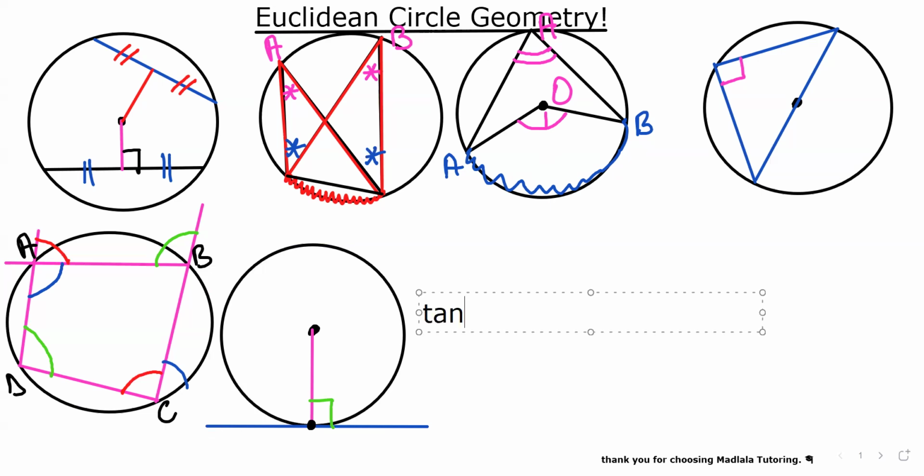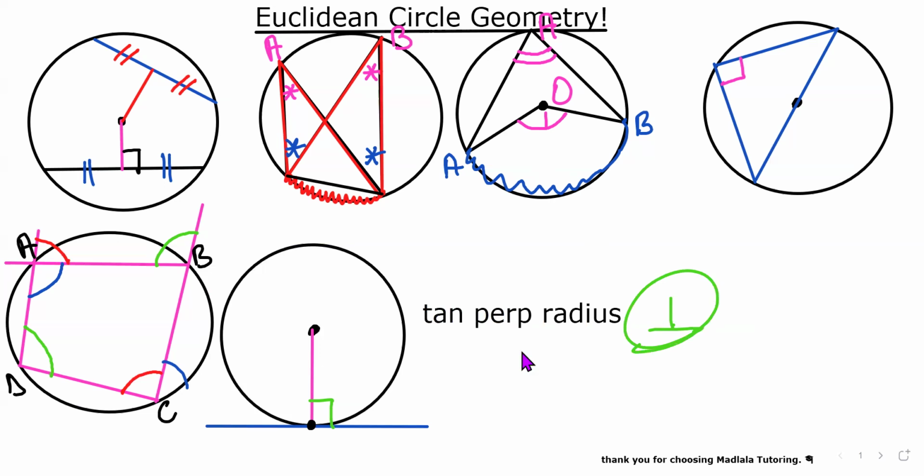And every time you use this theorem, you'll say the tangent is perpendicular to the radius. Of course, you can use this symbol instead of perpendicular.